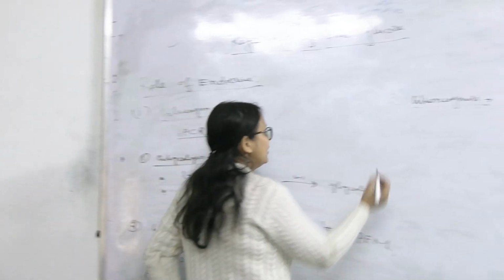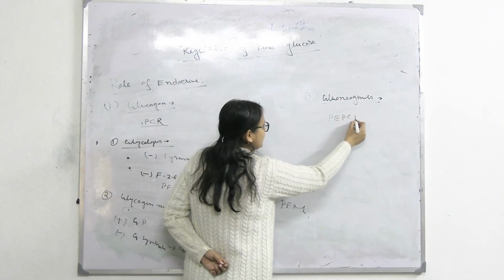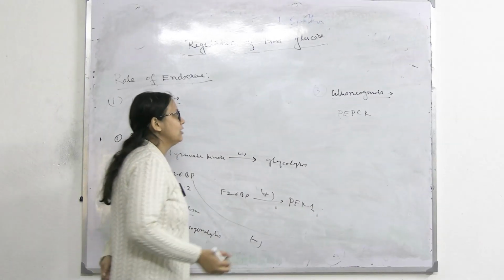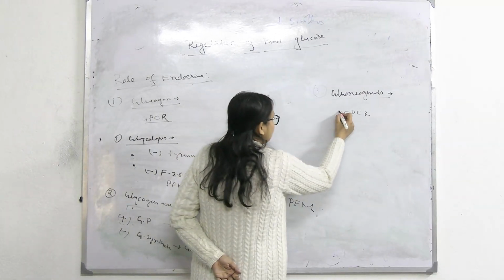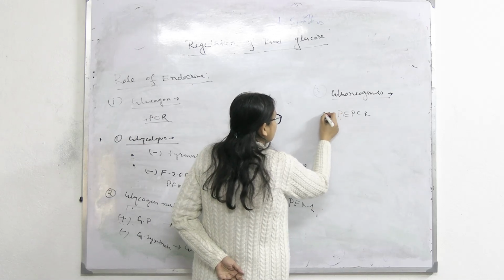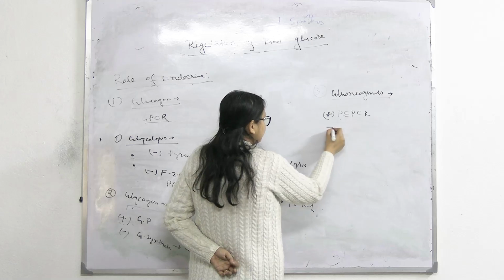Fructose 1,6-bisphosphatase, phosphoenol pyruvate carboxykinase. Okay, phosphoenol pyruvate carboxykinase. In short form, we write PEPCK. Phosphoenol pyruvate carboxykinase. Okay. So it will activate phosphoenol pyruvate carboxykinase. Okay.